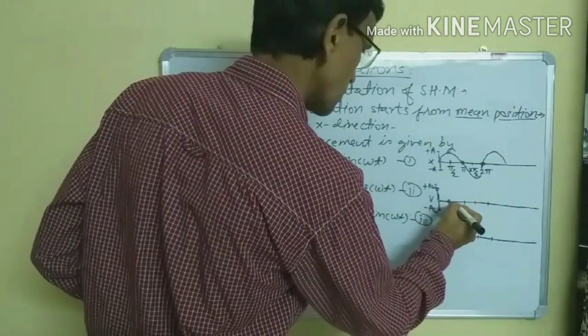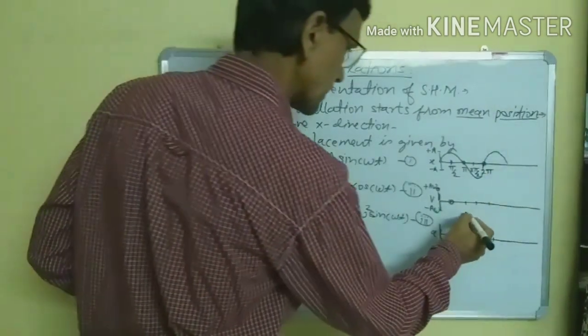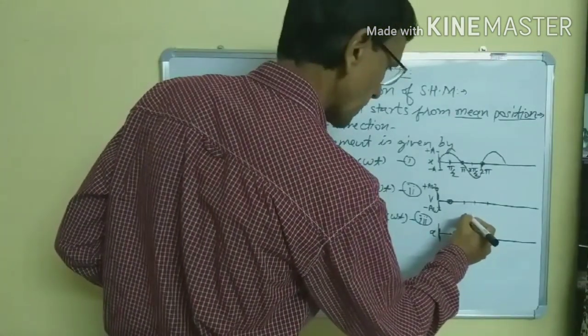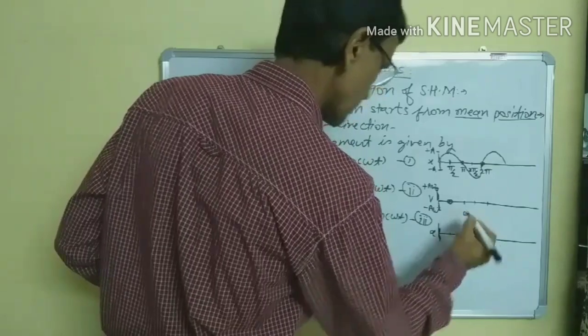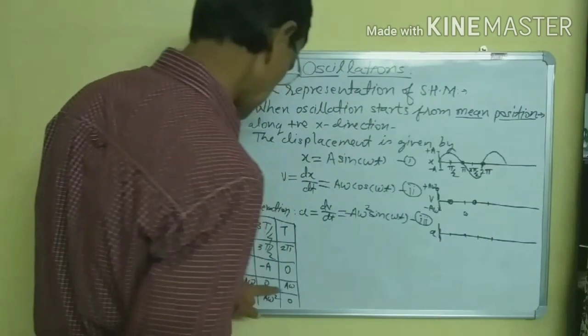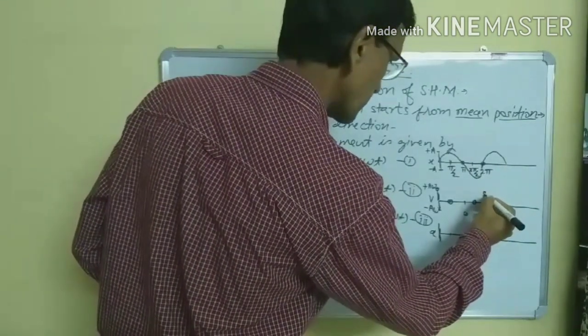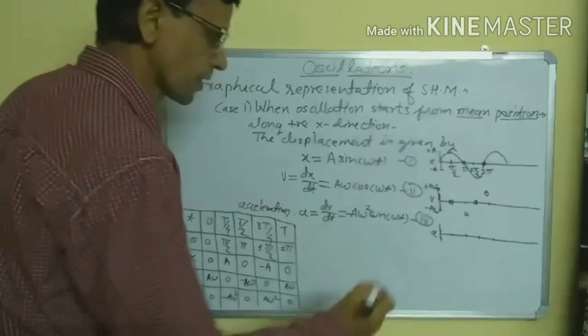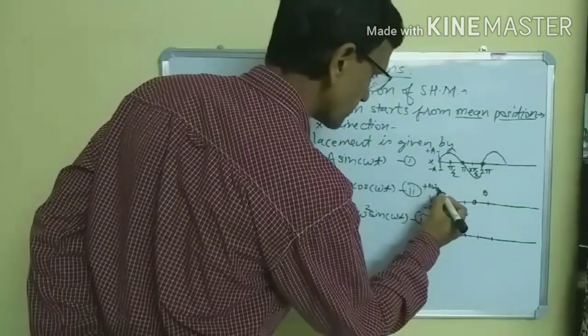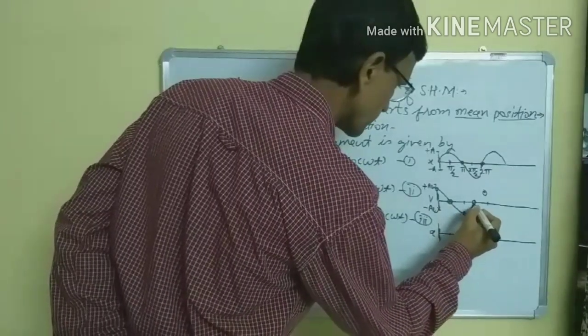Then it is minus A omega, a negative value, and we mark the point here. Then again 0 here, and then plus A omega is here. So we continue the graph, and the nature of the graph will be like this.